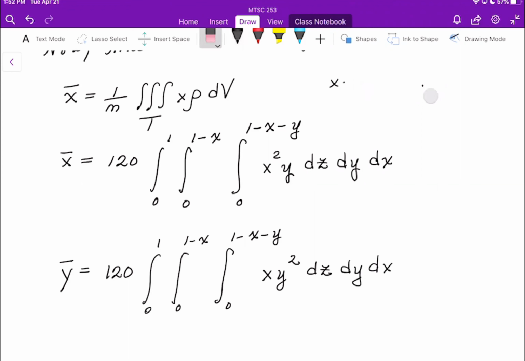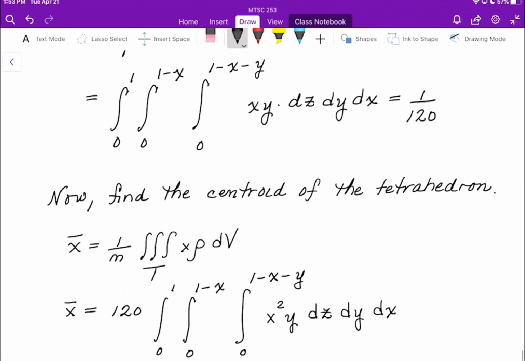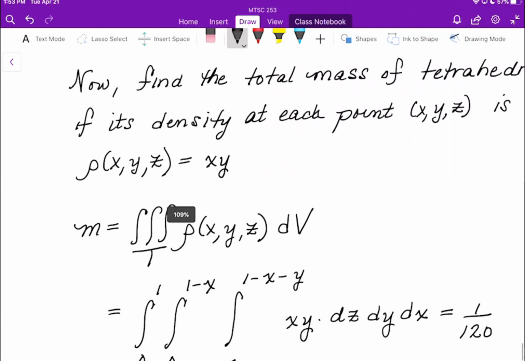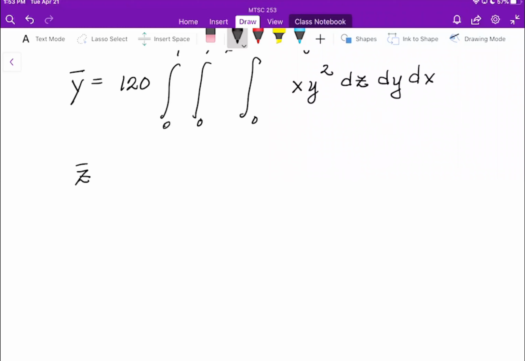And lastly, the z coordinate is going to be 120 times the integral from 0 to 1, the integral from 0 to 1 minus x, the integral from 0 to 1 minus x minus y.